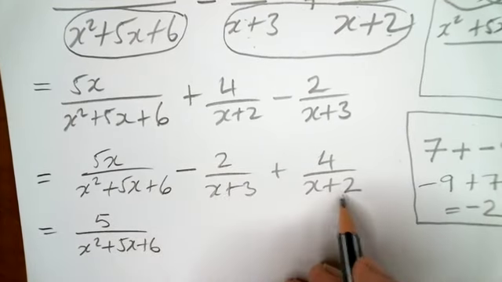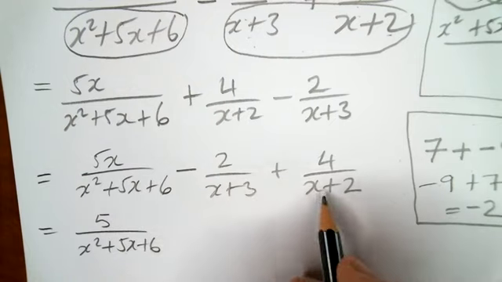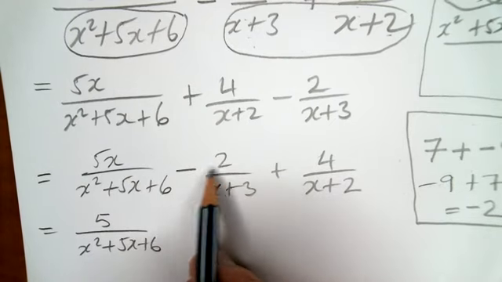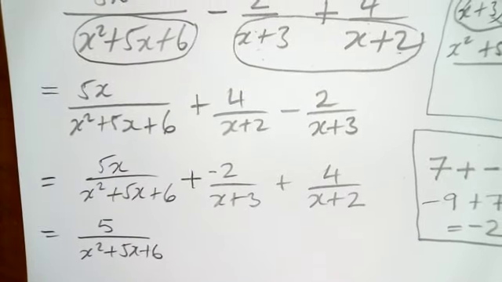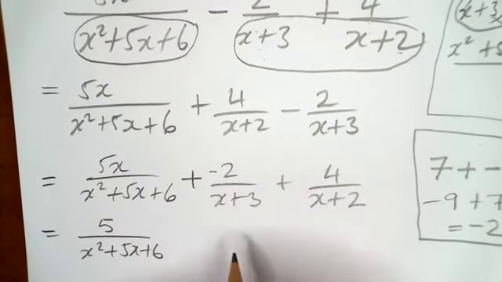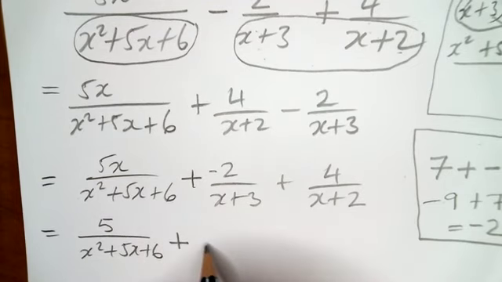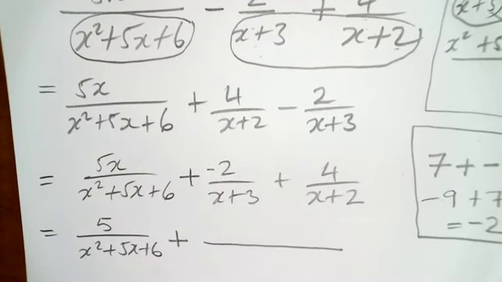Now I'm going to combine these, because really this is just a negative 2. So you just make a plus, make that negative 2 if you like. Same thing. Plus just means and. So let's do that now. I'm going to go plus, long vinculum.